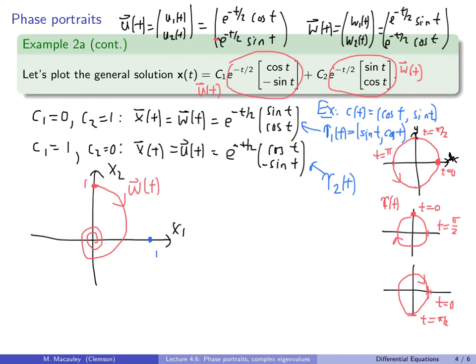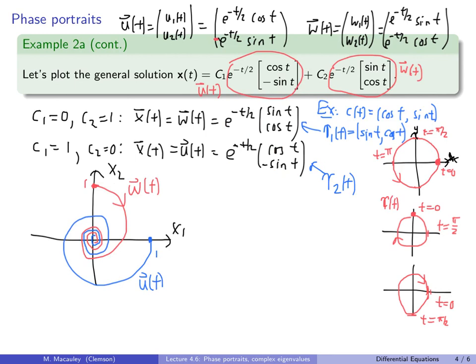And it's also going to go in the same path, and it's also going to be a circle that quickly dies and becomes a spiral. Now these curves can never intersect, so you can tell that u and w are going to have to be in the same direction.